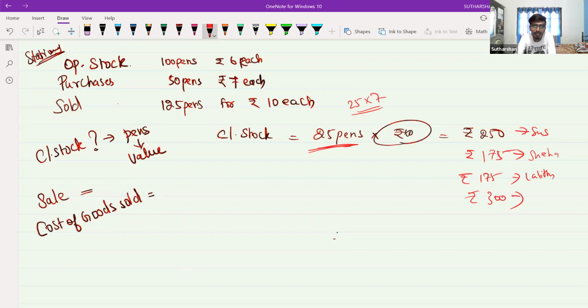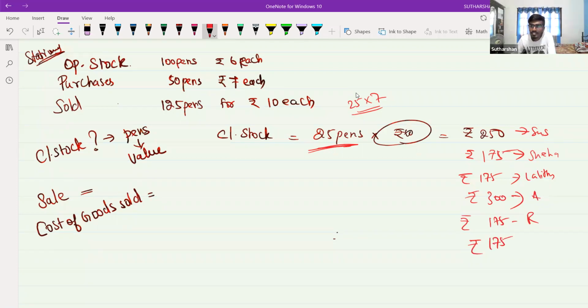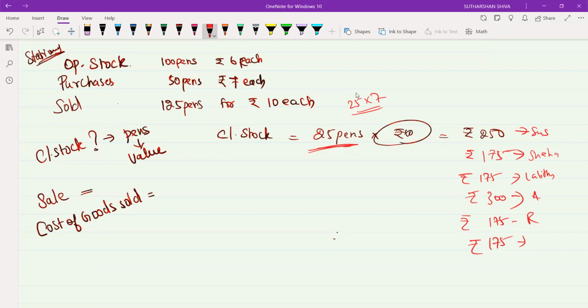I think I am not able to find it. Ramana, what is your answer? 175. What is Vinita's answer? 175. Okay, fine. Now the correct answer is 175.